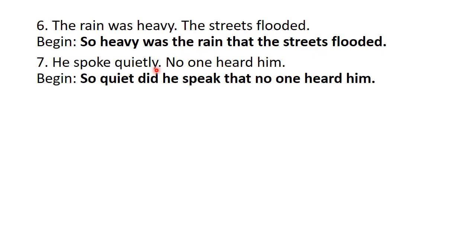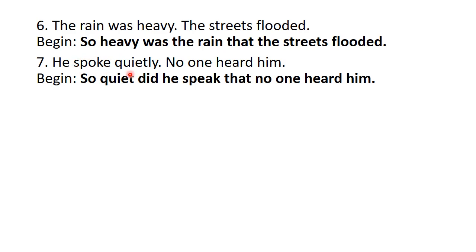He spoke quietly, no one heard him. Begin with "so". Okay, so the adjective is quietly. Did he speak that no one heard him? So if you look at this, it's different from the ones we have looked at so far. Normally we have "so", then we have an adjective, then we have is, was, or are. Now the problem with this is this adverb quietly describes the manner he did something, he spoke.